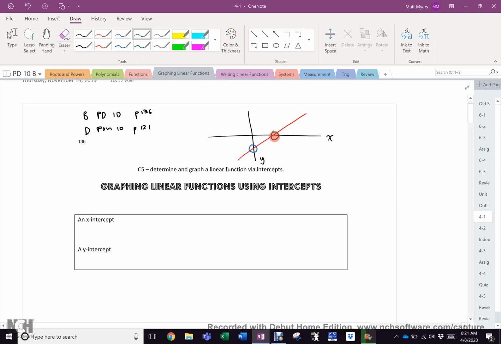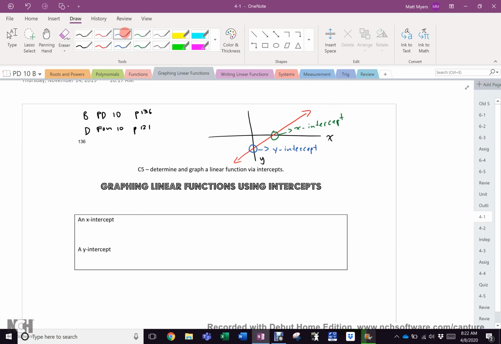And you can see it's only going to do that once, because this line is going to go forever that way and forever that way. This spot is called the y-intercept. This spot is called the x-intercept. So there you've seen a picture of it. Let's put it into words.